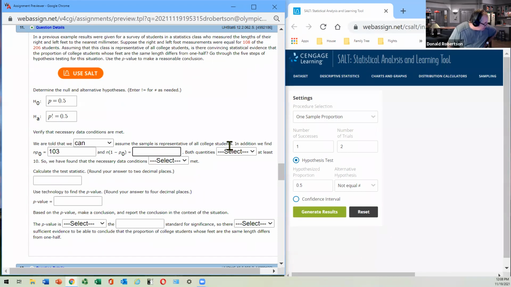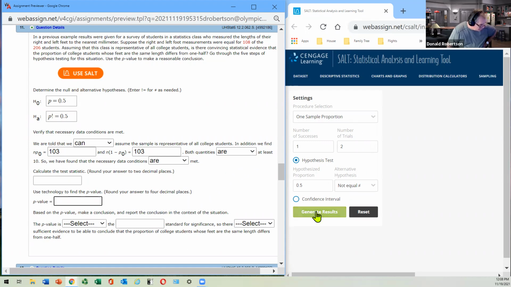And n times 1 minus p naught would be 103 as well. Let's check that. 103, yeah. And n p naught would also be 103. And these both are at least 10. So we have found that the necessary conditions are met. Now it says calculate the test statistic, which is the z-score, the p-value, and then come to some conclusion.